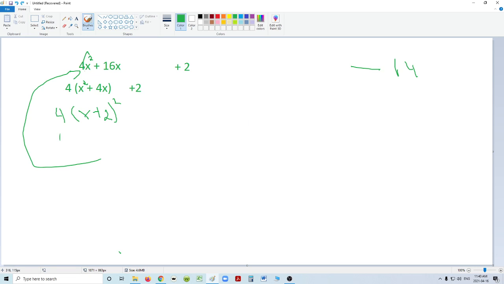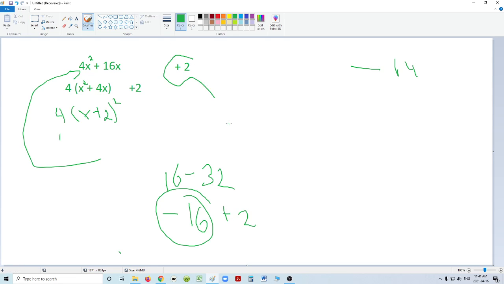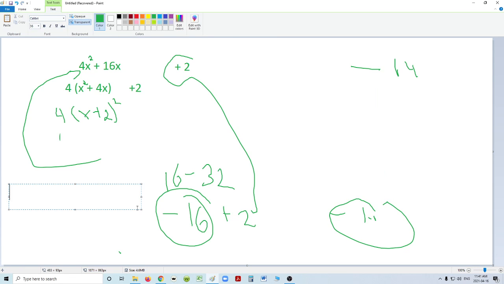So minus 2 squared is 4 times 4 is 16. Minus 2 times plus 16 is minus 32. There's that pattern again. So the number I ended up with is minus 16, which looks familiar. Plus 2, because I bring the 2 down, add it, and I get minus 14. So sure enough, it was a little bit faster doing it this way, because now I can just rewrite my vertex formula as y.